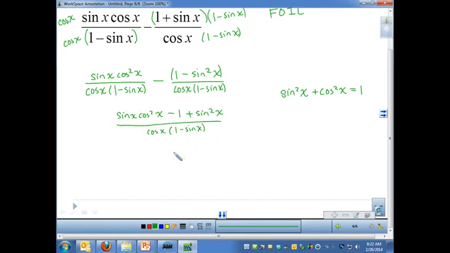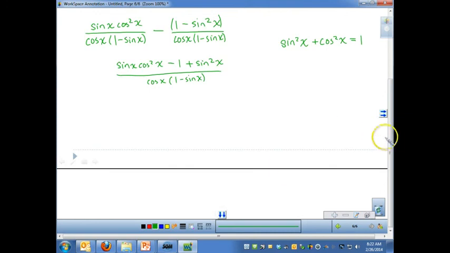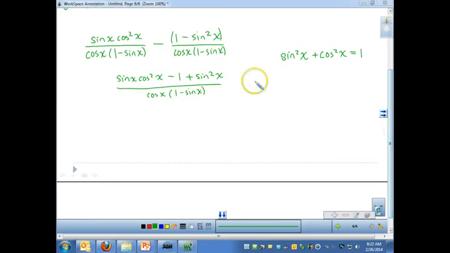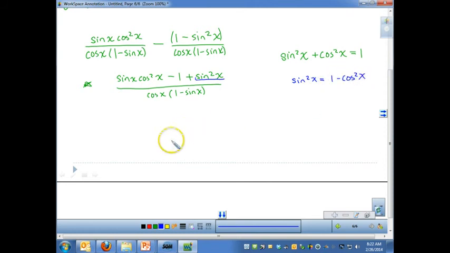It actually doesn't matter because remember, we're not afraid to make a mistake. So at this point, I feel pretty confident. Sine or cosine? I think I'm going to go with the sine. Go ahead and replace that sine squared. So sine squared of x is equal to 1 minus cosine squared of x.